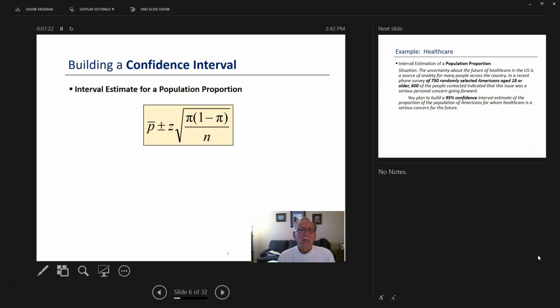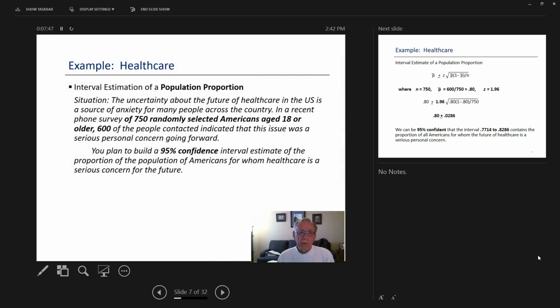But we go to the z-charts where we determine what we're going to use. And then the rest of the formula: pi, if we're given pi, and we'll learn in a second what that is, times 1 minus pi divided by the sample size, the square root of that times the z-score, the 1.95, whatever that turns out to be. We'll talk about an example.